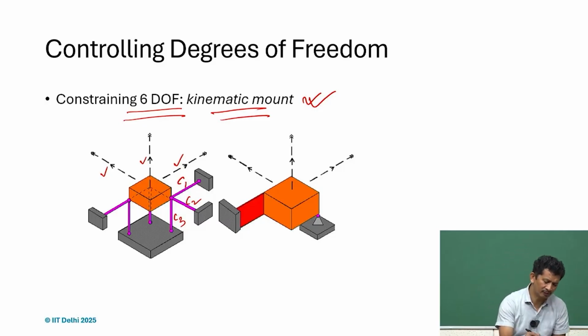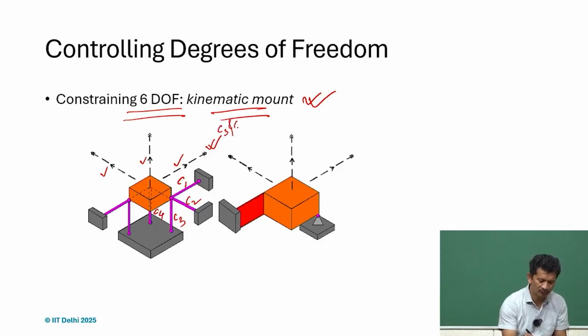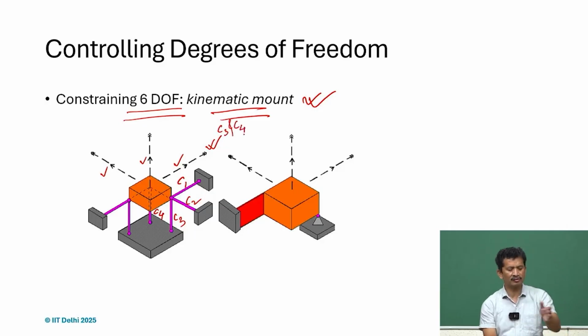So, for instance, if we are targeting this rotation, and this is the rotation axis, if we want to constrain it, we have to talk about the perpendicular plane. What we see is that C3 and C4 together will constrain that rotation.